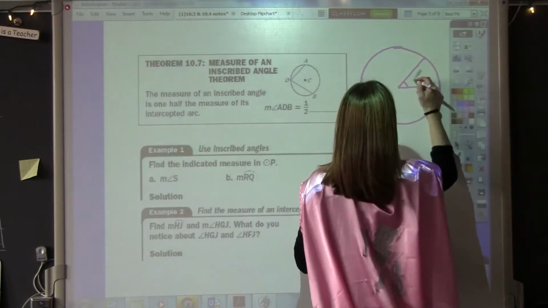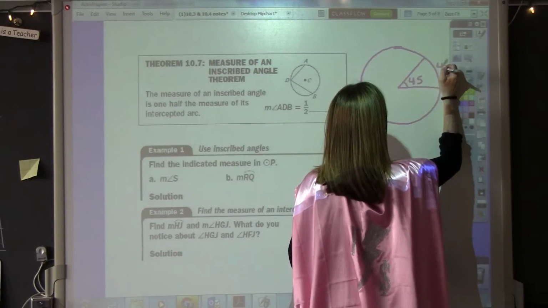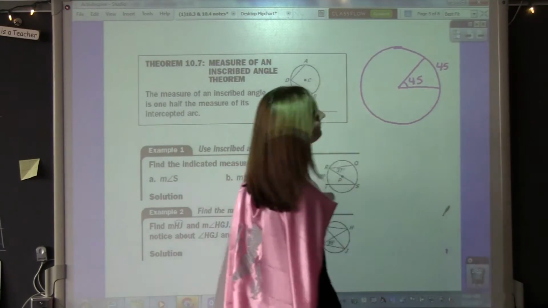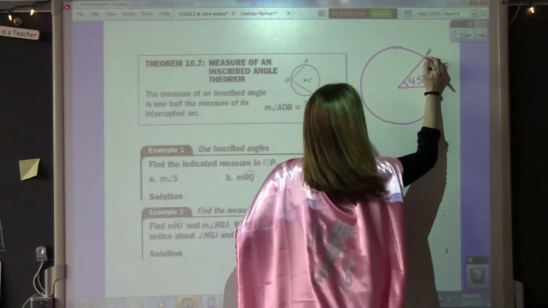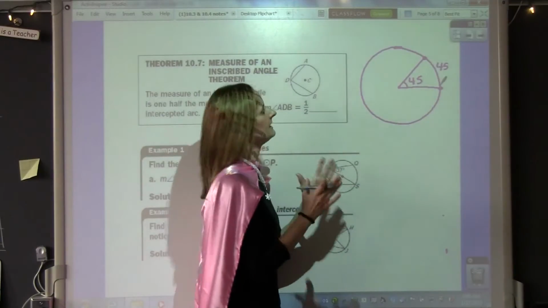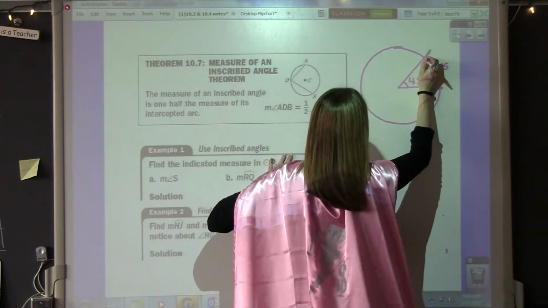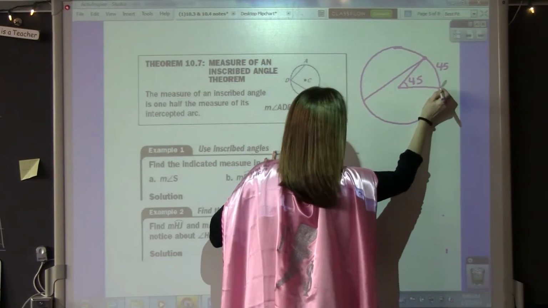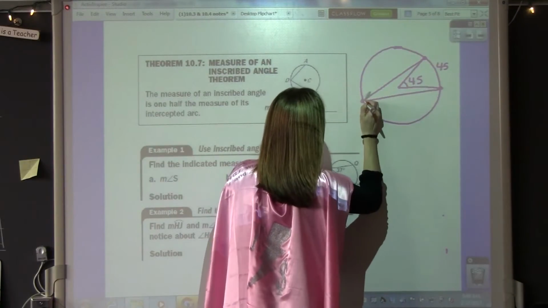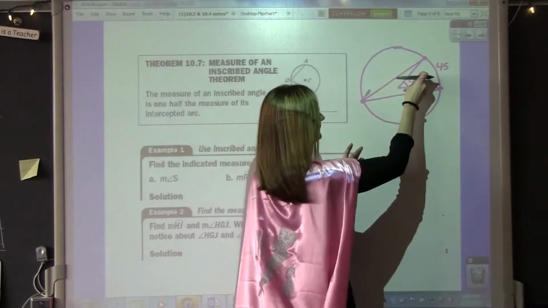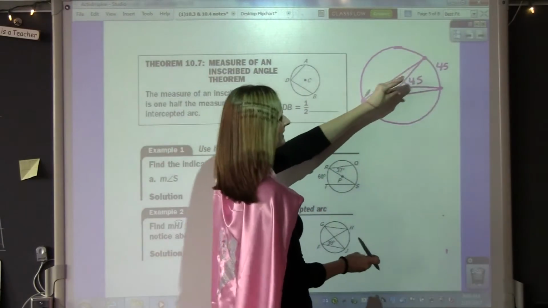Okay, so if you've got a central angle, and now I'm going to take these endpoints and I'm going to take the vertex of this angle all the way back to the end of the circle here. It takes this angle and it cuts it in half.